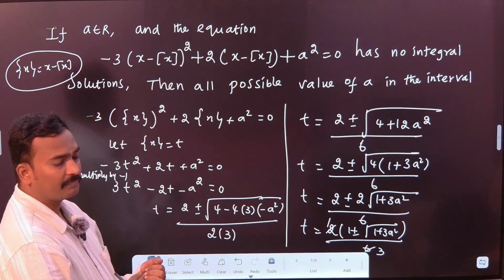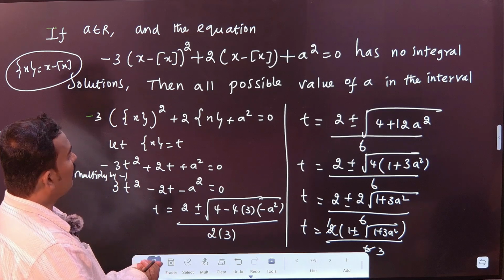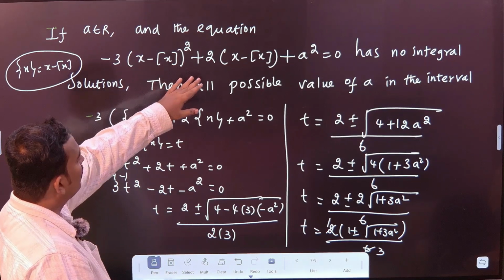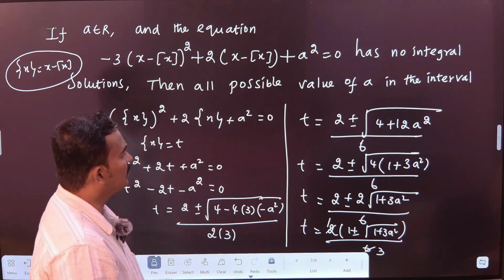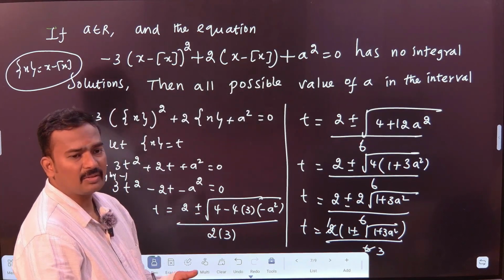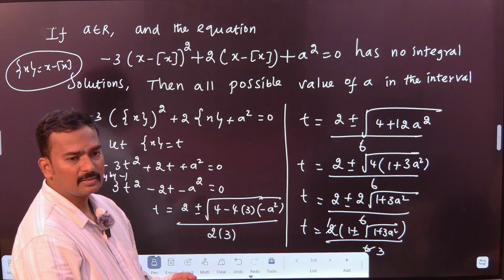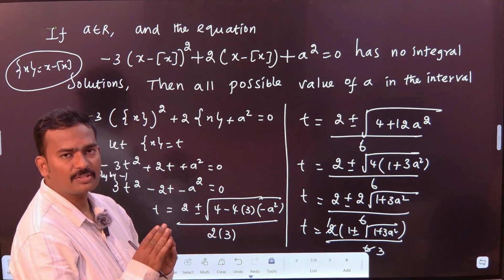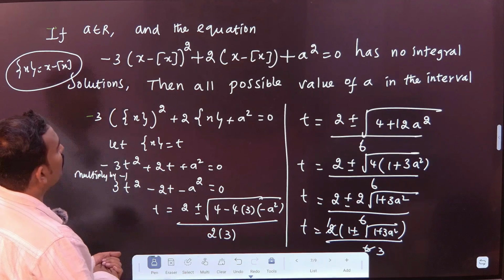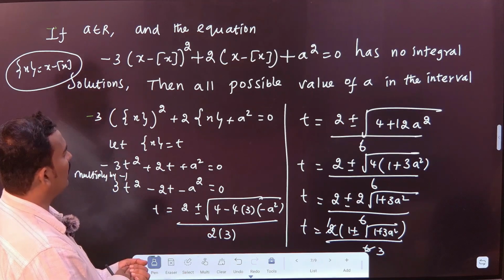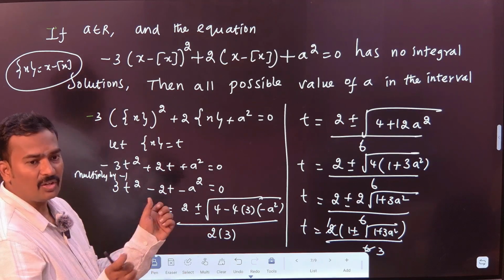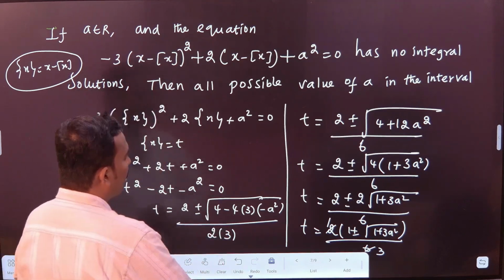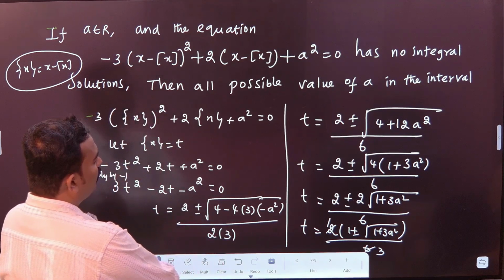Suppose x is 0 is the solution, what will happen? a squared is equal to 0 will come, that means a is equal to 0 will come, right? Understand? So x has no integral solution. That means there are no integer solutions. So a will not be 0, correct? So other than 0 you can take all the possibilities, right? Understand? If a is 0, what will happen?